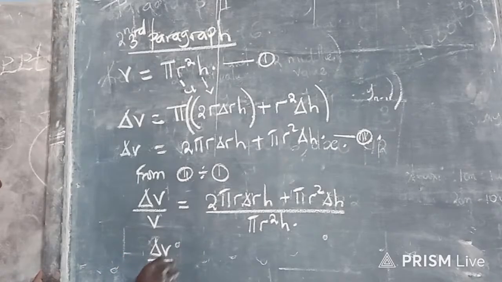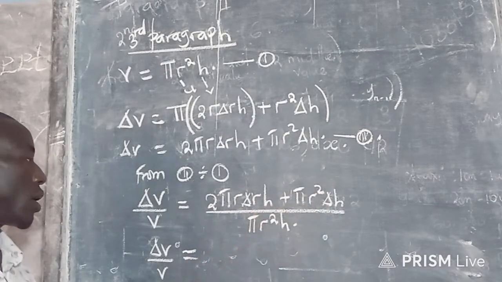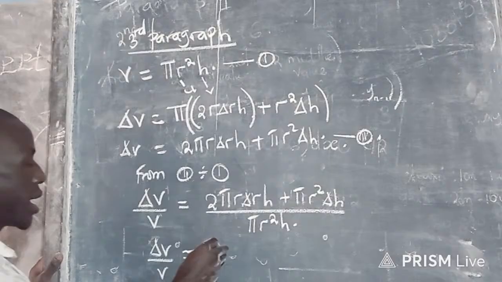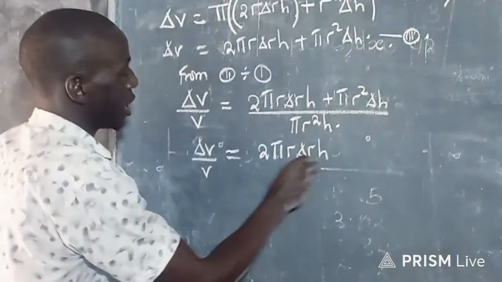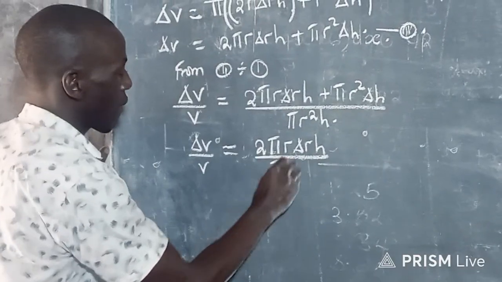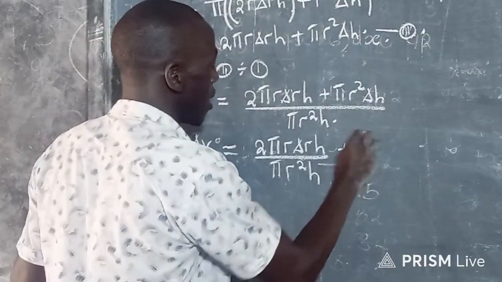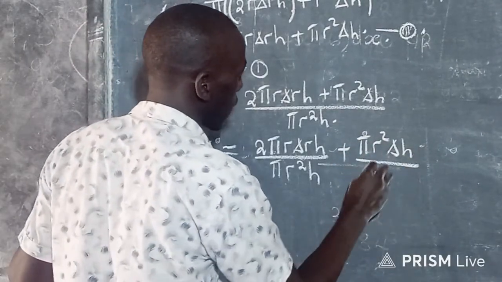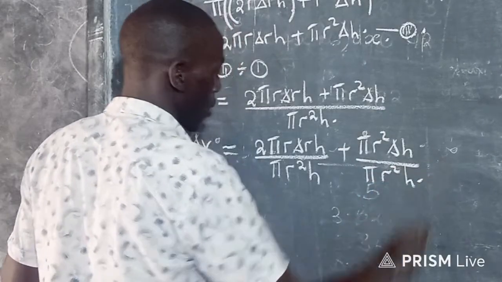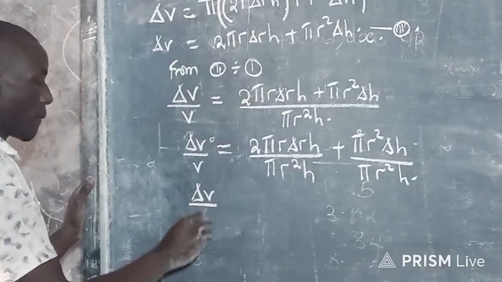So this one here remains. I am going to split the LCM, put this one over this, and that one over that. So you realize that you're going to have 2 pi r, the change in r, h, divided by pi r squared h. Then plus, this is the pi r squared, the change in h, over pi r squared h.